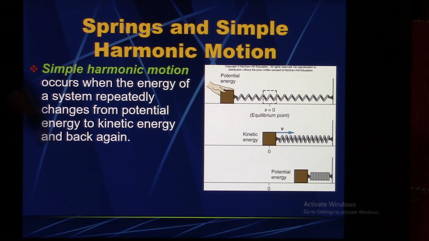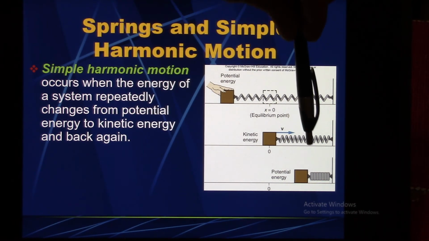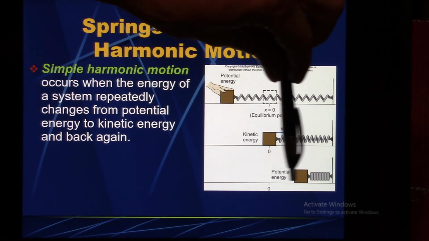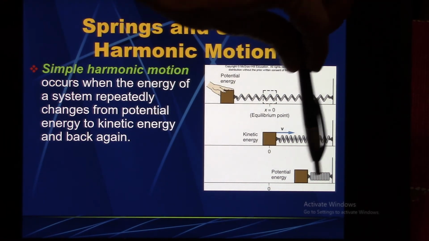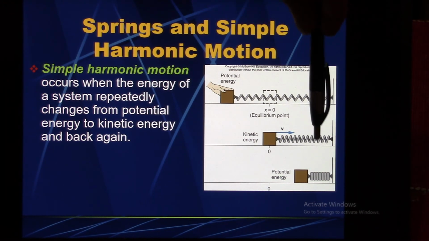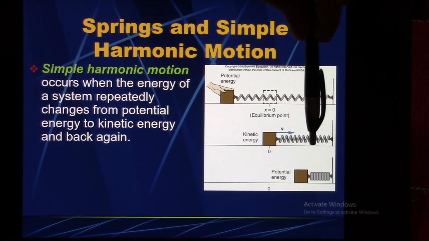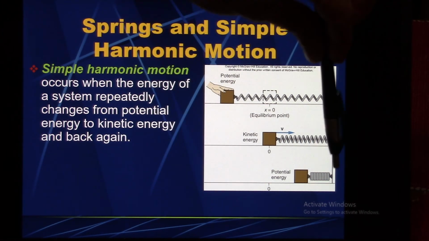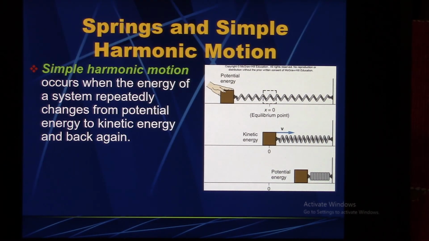What happens in real life, this eventually stops because the spring heats up, so you dissipate energy in heat. There's frictional forces because this is dragging on the ground, right? So those things stop it. But if you didn't have any friction, and if the spring was a very elastic spring and it didn't dissipate a lot of heat, this oscillatory motion could go back and forth for a long period of time.